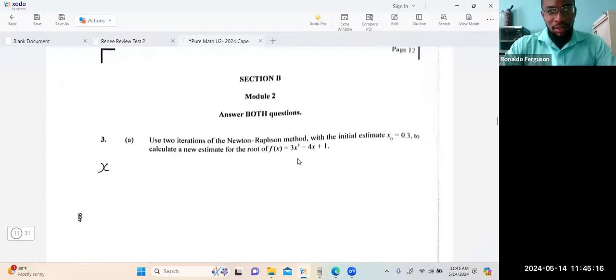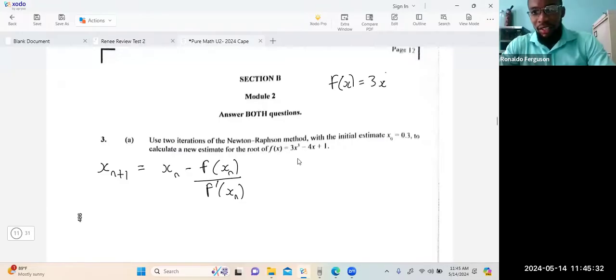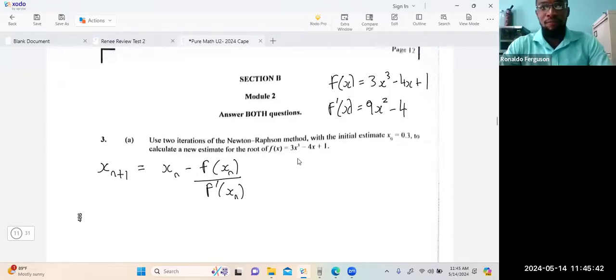So first thing, remember, x_(n+1) is equal to x_n minus f of x_n over f prime of x_n. So let's write the function right here. f of x is 3x cubed minus 4x plus 1. So f prime of x is going to be 9x squared minus 4, right?